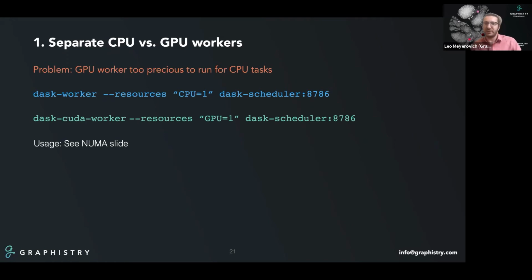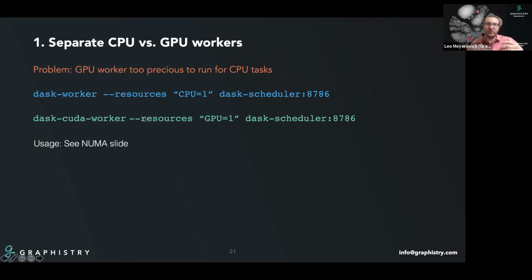You might be tempted not to, for simplicity, but the problem is, let's say you have one GPU and 8 CPUs, as you might on an AWS T4 instance. You don't want your GPU worker working on a CPU task, and then when you actually have a GPU task, having no GPU available, because each worker blocks on one task at a time. So you really do want to run separate workers for those.